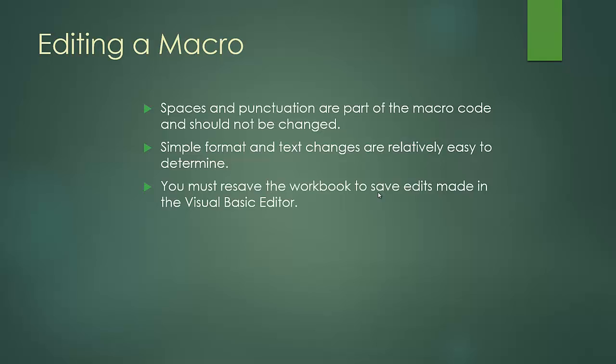When you're editing the macro, keep in mind that the spaces and punctuation are part of the code, so you shouldn't alter them. Simple formatting and text changes are relatively easy to make and determine. And once you've made the edits, you have to resave your workbook in order for those edits to be permanently saved.